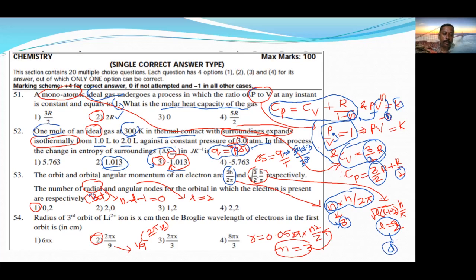He wanted to know the nodes in the 3D orbital. There are two types of nodes, angular nodes and radial nodes.